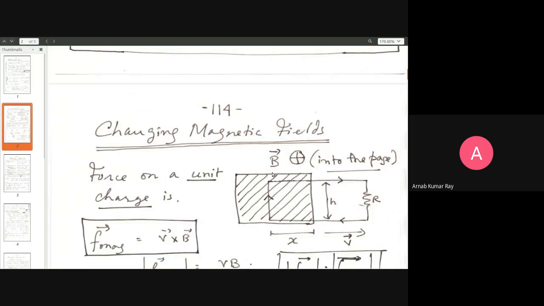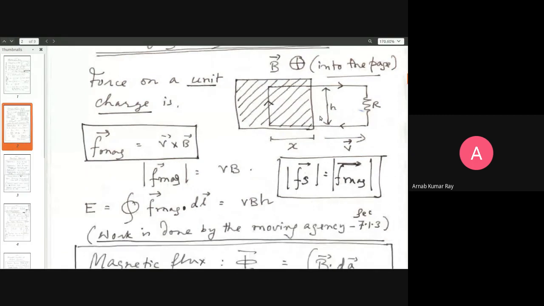You see, B has a constant magnitude, so we don't have to worry about its derivative. This h over here has a constant height. That is also not changing. As you're pulling the wire loop to the right-hand side, only this x is changing. As time is increasing, this x value is decreasing because this loop is going to the right.